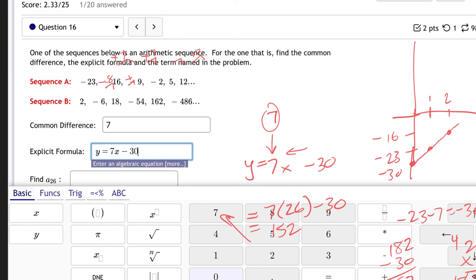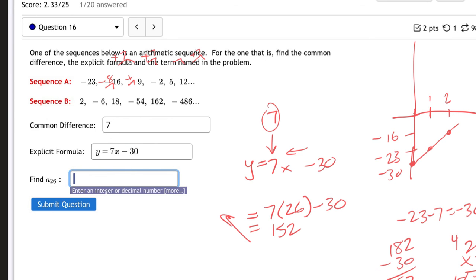And then that last value was 152. Wait, something tells me I'm making a mistake. Actually, the 26 value, no, I'm good. 152. Okay, just making sure.